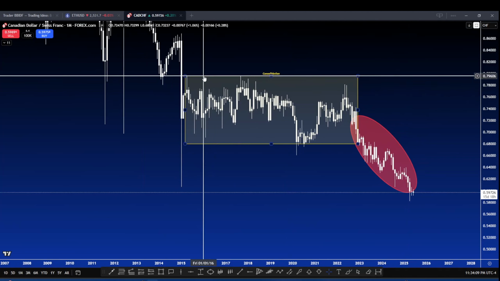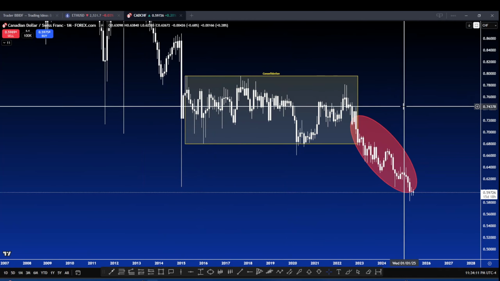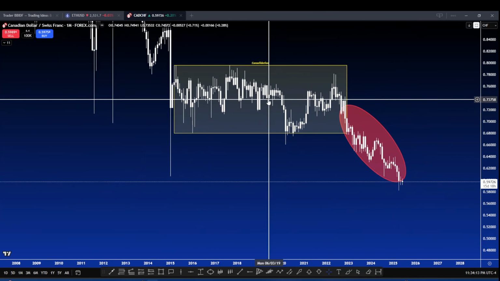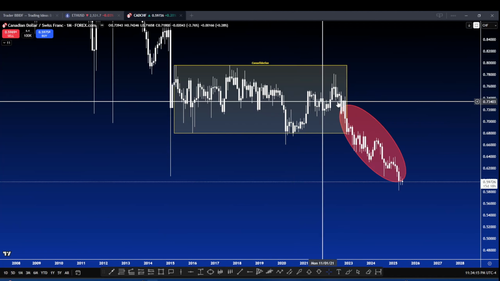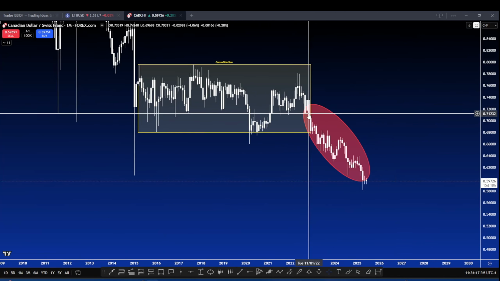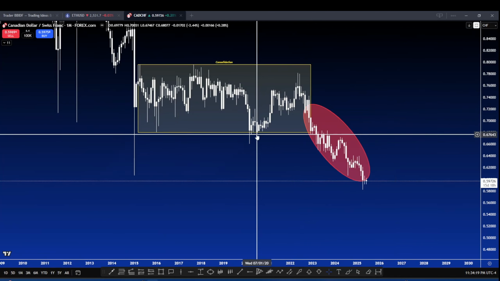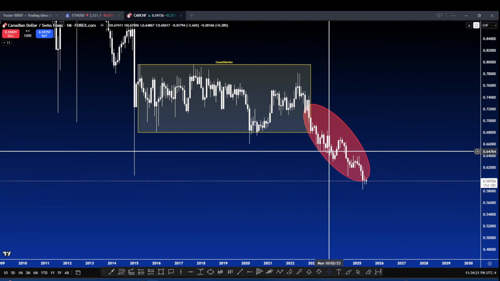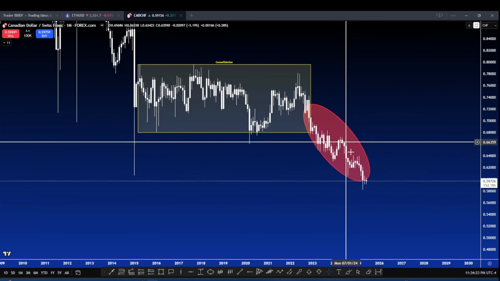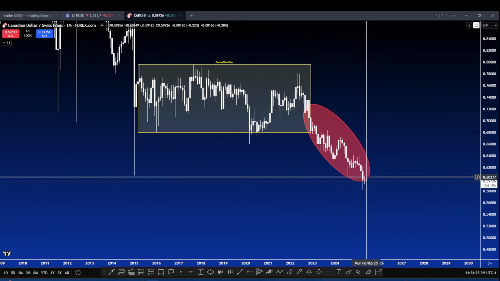Well, if you were able to identify this consolidation because you understood market structure, you would escape that problem. And then if you saw how price started to break this low and started to make lower lows and lower highs, then you could have taken advantage of that.